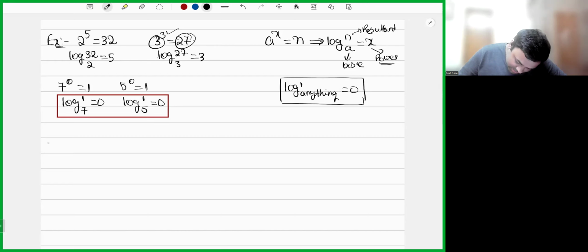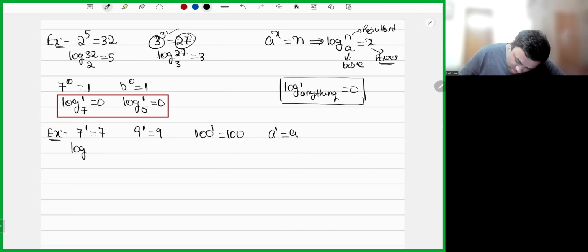Now, next example. I have 7 power 1 is equal to 7, 9 power 1 is equal to 9, 100 power 1 is equal to 100, or a power 1 is equal to a. If I want to write these in terms of logs, how will I write?